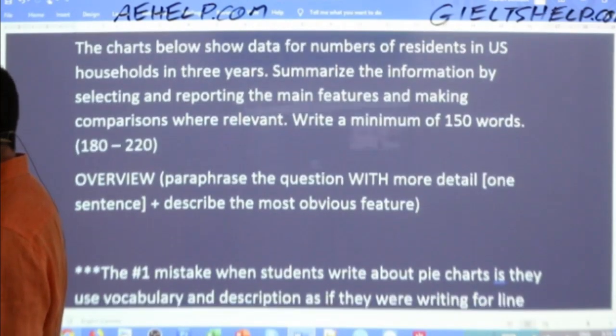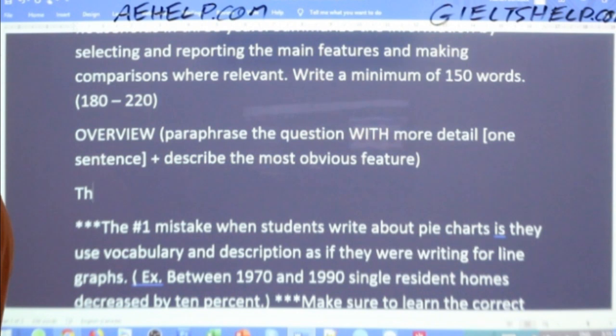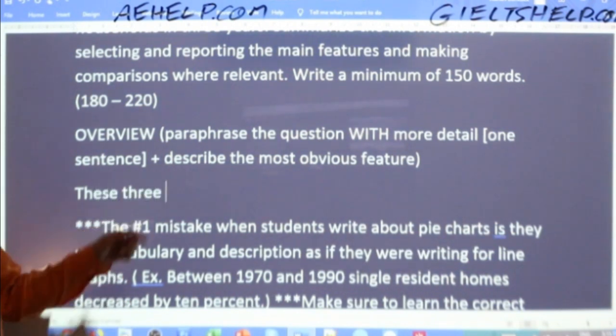So here we go for the first sentence. These 3 pie charts, refer to them directly. Not "given," these 3 pie charts.